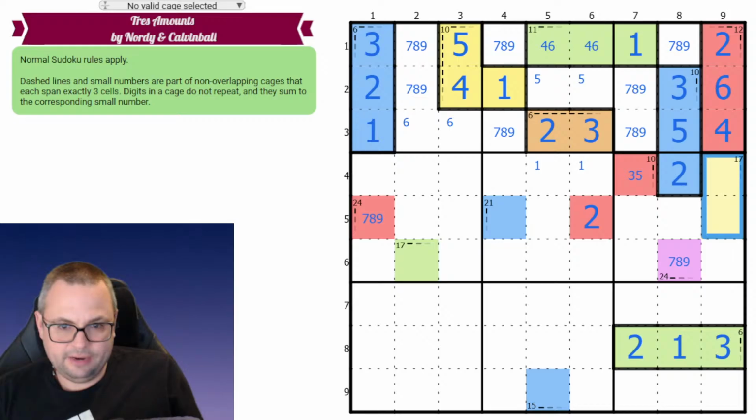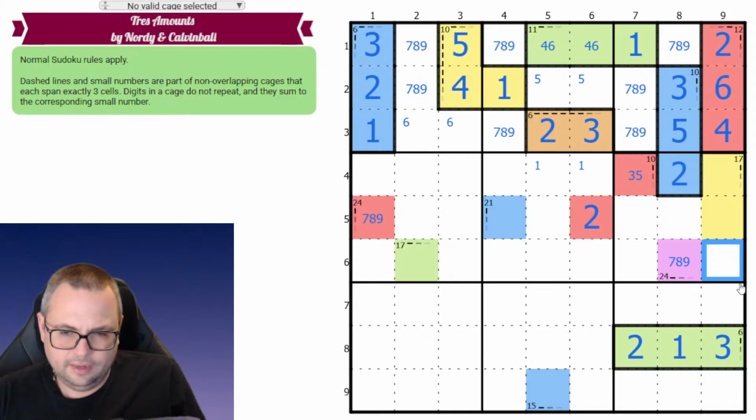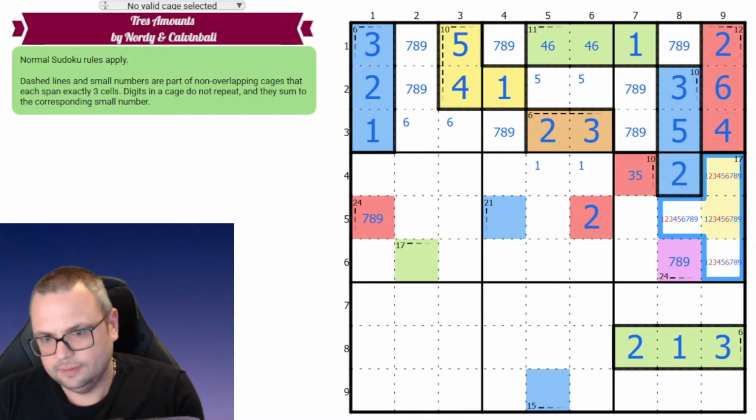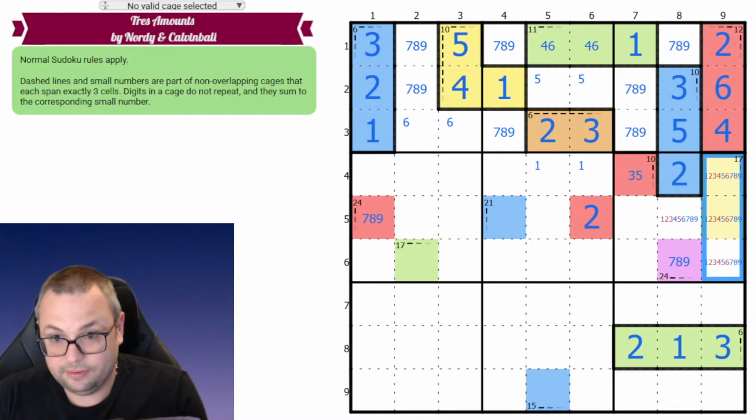See, I'm being told this cage needs a 1 or the total is going to go a little bit too high. Yeah, if I just sort of label what these digits can be, then we know that these are not 2, 3, 4, or 6.